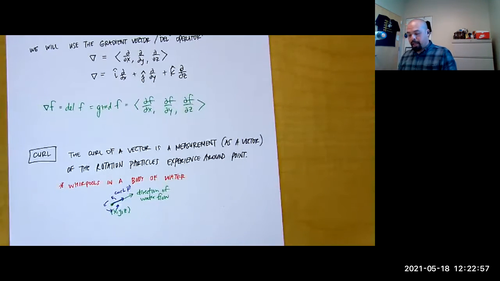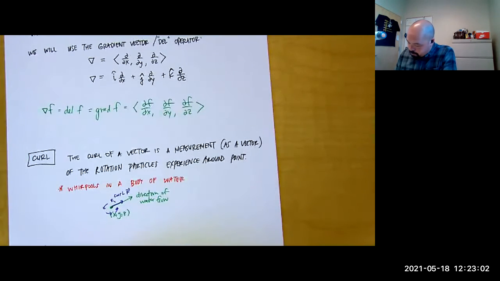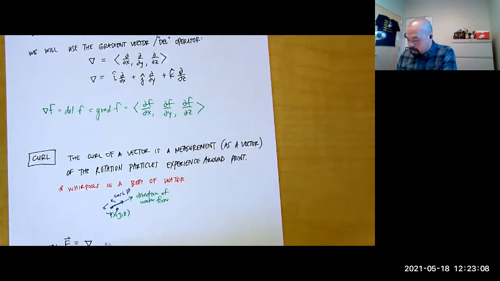And so that curl of that vector field F, we can compute by taking our del operator and crossing it with that vector field.